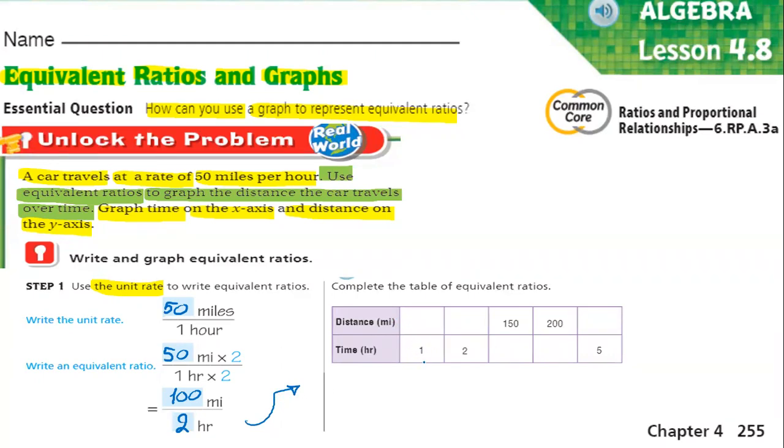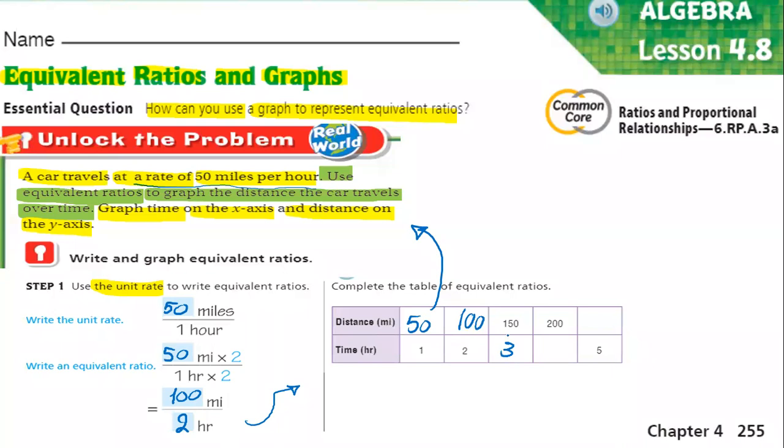When you move for 1 hour, how many miles will you cover? 50. The question says that, at a rate of 50 miles per hour. So in 1 hour, the car travels 50 miles. In 2 hours, the car travels 100. Good job.